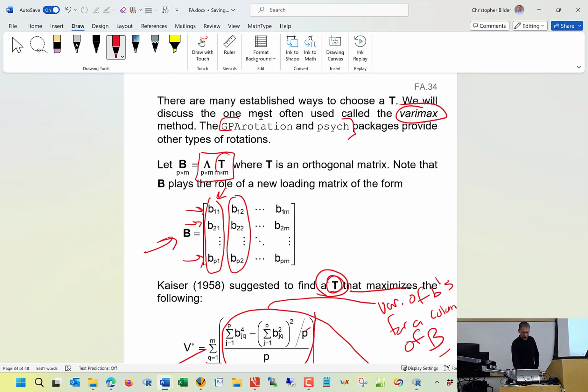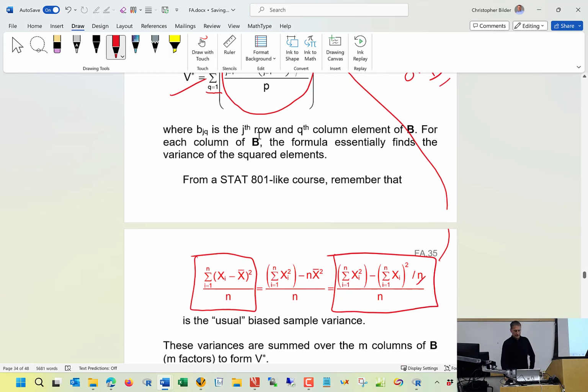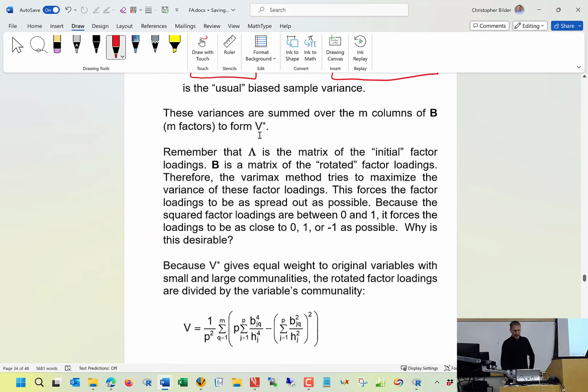Again, remember where t comes about. There are numerical iterative procedures that automatically will find that t for you, and find the corresponding b's for you. The fa function in R will automatically do it for us.